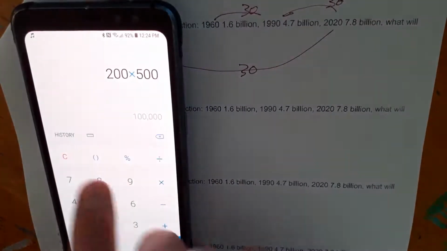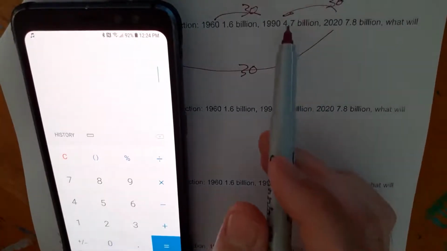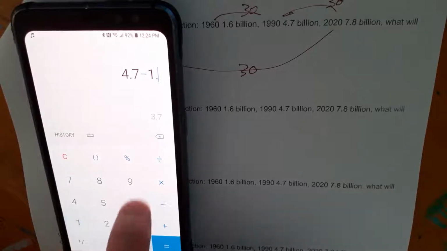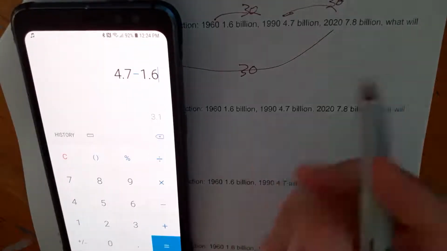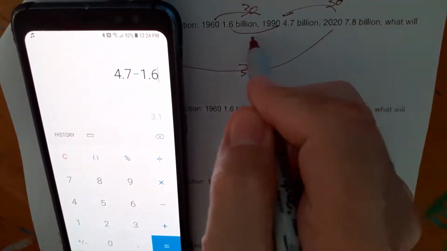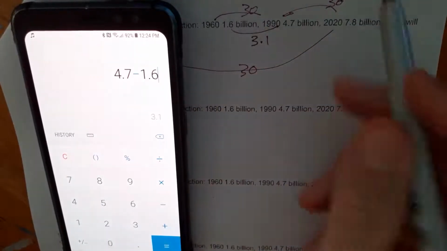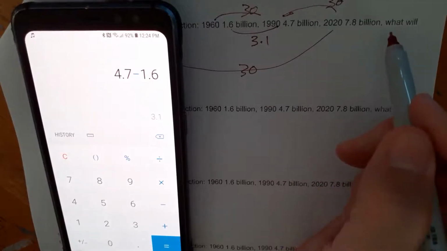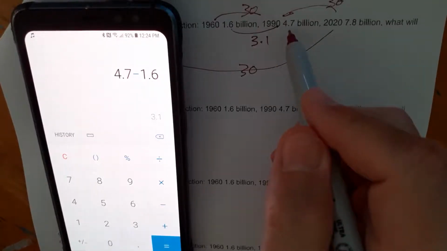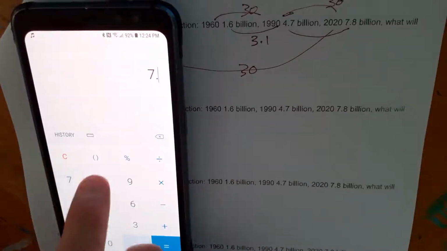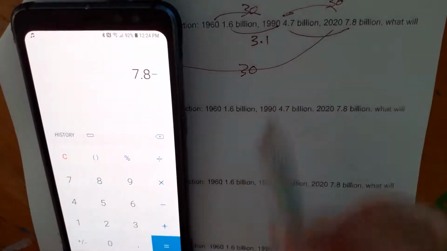Keep your calculator out. 4.7 minus 1.6. Okay, 3.1 I see is the change in food production ability. 3.1 billion change in those 30 years. Then we went, okay, from 4.7 to 7.8. What's 7.8 minus 4.7?